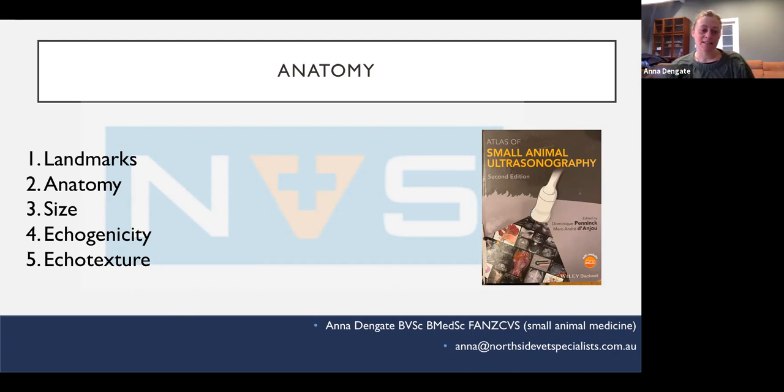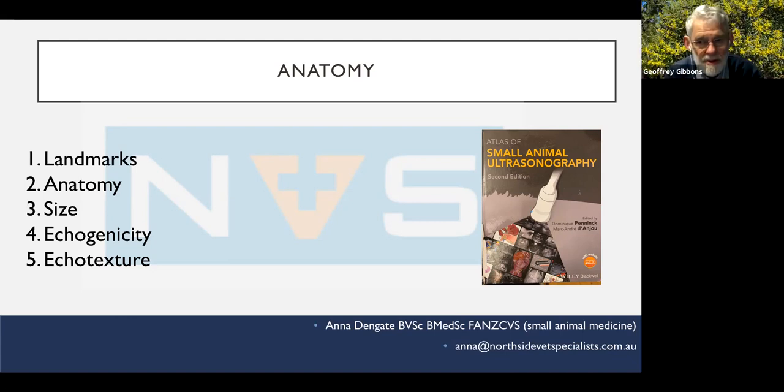So that's our landmarks and anatomy, pretty well covered. Now size. How do you judge size of a liver on ultrasound? If it's got rounded edges, it's likely enlarged. Excellent. How much it sticks out beyond the rib cage, perhaps?